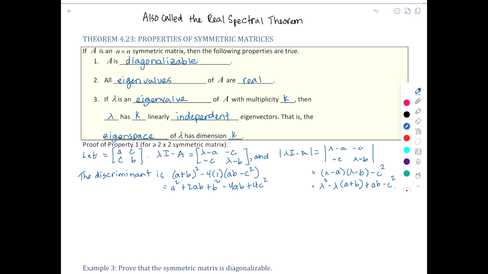I'm going to combine these two terms here, and we'll get A squared minus 2AB plus B squared plus 4C squared, which gives me the quantity A minus B squared plus 4C squared.